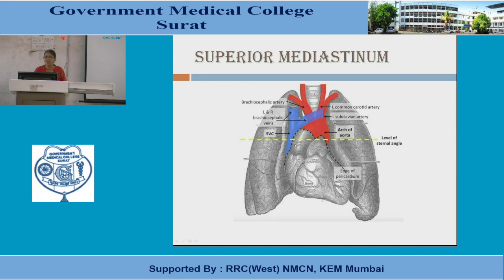This is the plane which divide the mediastinum into superior and inferior. इसके नीचे inferior, इसके ऊपर superior, and this plane is at the level of sternal angle. Right? So this part of vena cava is in the superior mediastinum. This part will be in the middle mediastinum, which is inferior mediastinum, right?